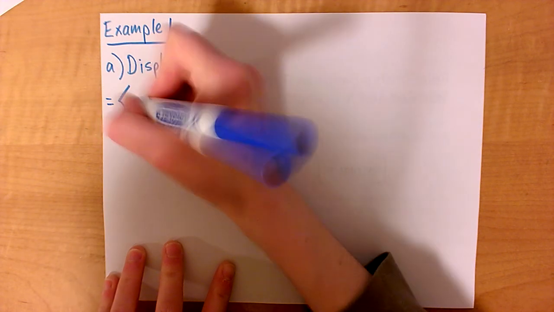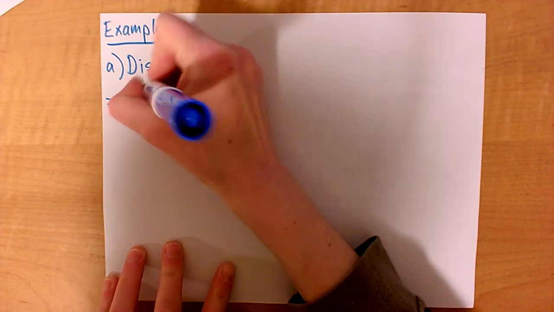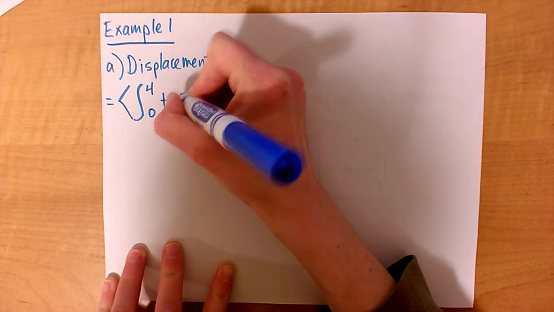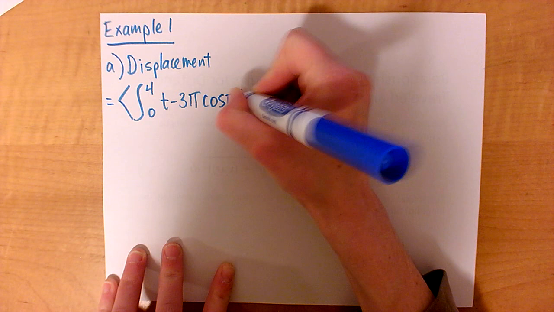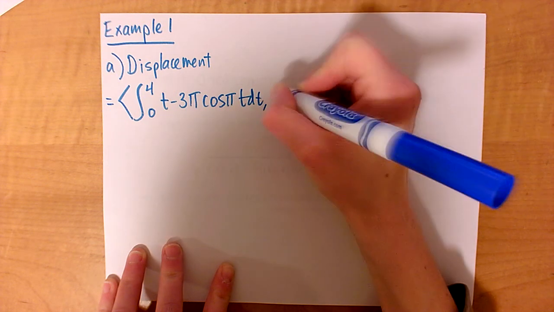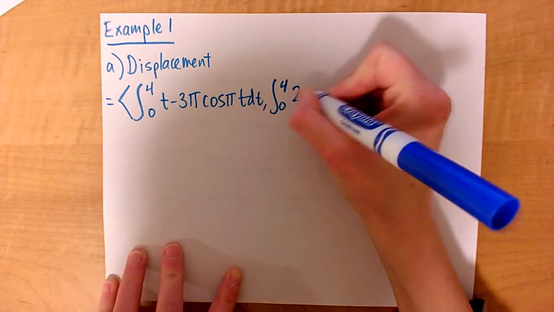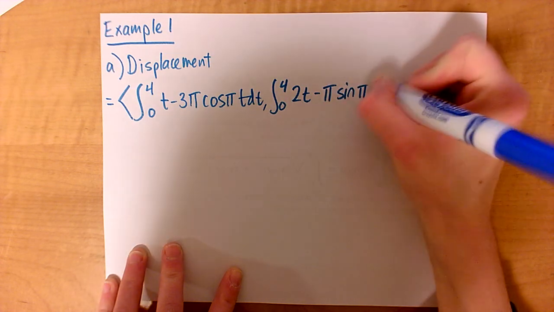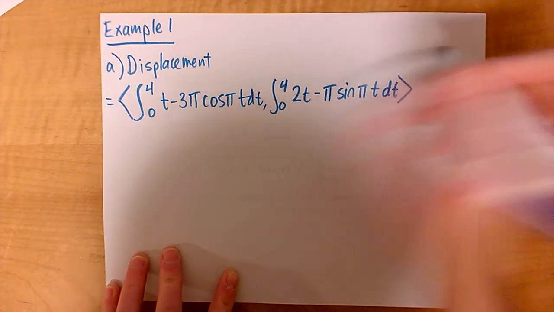Okay, so that's going to be, we'll take the integral from 0 to 4 of our first component, t minus 3 pi cosine pi t dt, and then the integral of our second component from 0 to 4, 2t minus pi sine pi t dt, right?